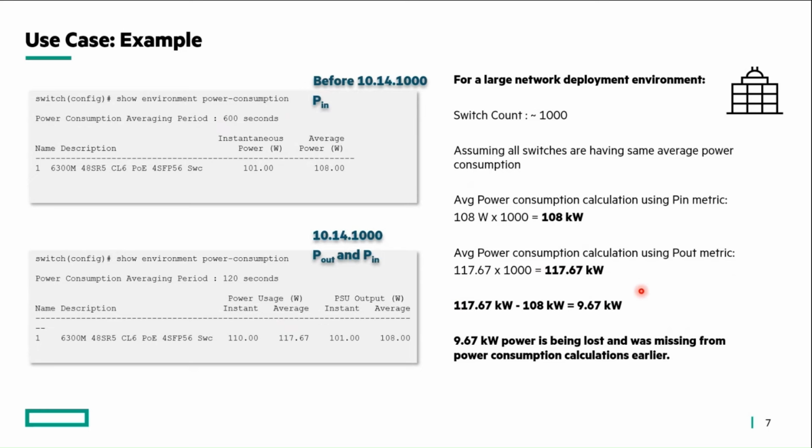For exactly this instant, if you differentiate both these values, you will find a big difference, which is notable and was missing from the power consumption calculations you were doing earlier than 10.14.000. So this metric is a better option to help you plan your resources and monitor your switches for total power consumption.